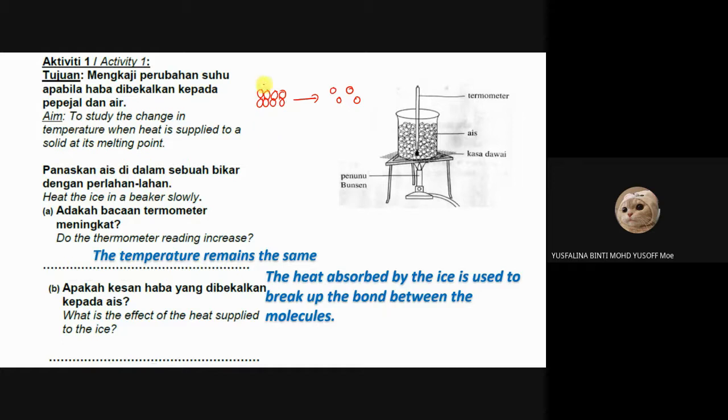All the heat energy that is given is used to break the bond so the molecules can move freely like the molecules in a liquid. That's why the temperature will not increase, because all the heat energy is used to break up the bond between the molecules.